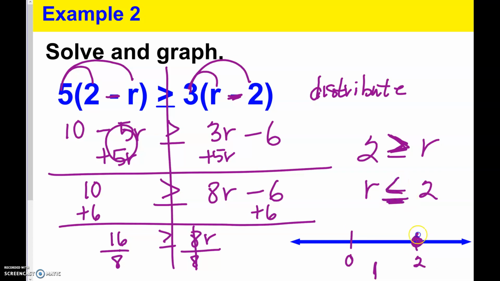So we're going to have a closed circle here at 2. And then this says any number is less than, so I'm going to shade to the left. Remember, we always want to have that letter first so that it is easier to get this graphed. Any number less than, so we are going to shade to the left.